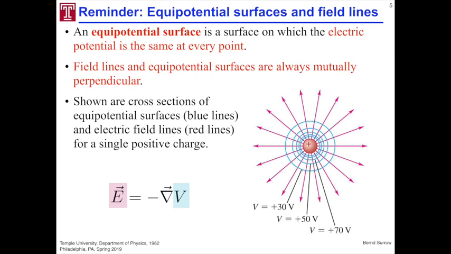So you see here a projection onto the plane. Leo said this in class when I asked what is the actual geometrical distribution of places where the electrical potential would be a constant. It is a sphere, the surface of a sphere. So here you see circles. For example, one circle in this illustration where the electrical potential would be 30 volts, then 50 volts, then 70 volts, and so on, 110, 130, and so on.